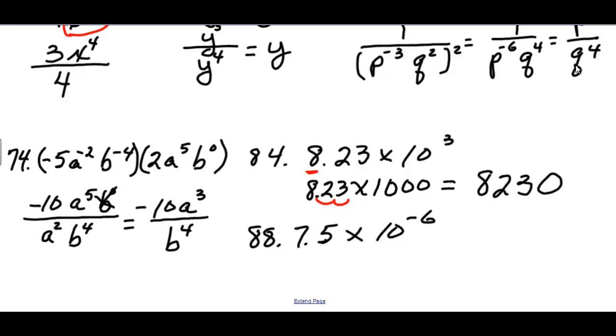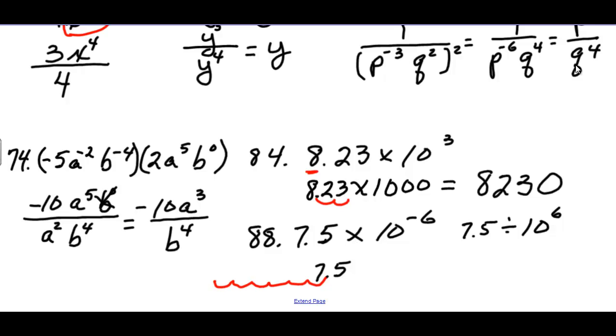In number 88, we have 7.5 times 10 to the negative 6, which would be the same thing as saying 7.5 divided by 10 to the 6th. However, the way we look at it is we'll take that 7.5, and instead of moving it to the right, we're going to move that decimal to the left 6 places. 1, 2, 3, 4, 5, 6.